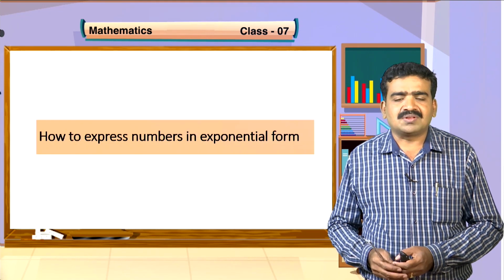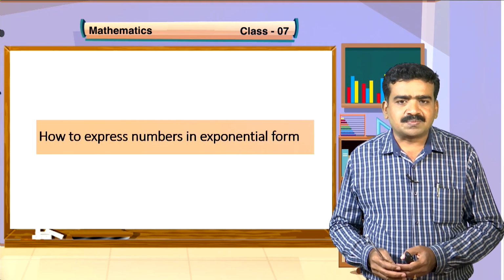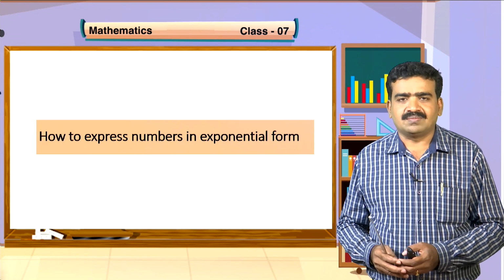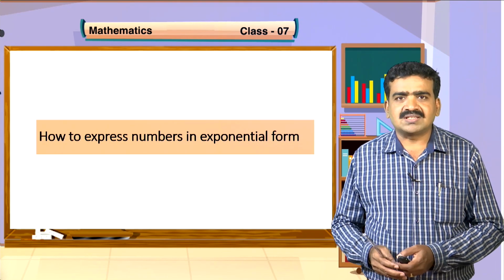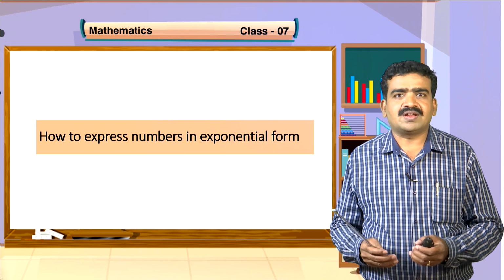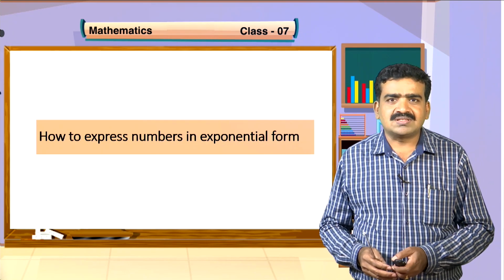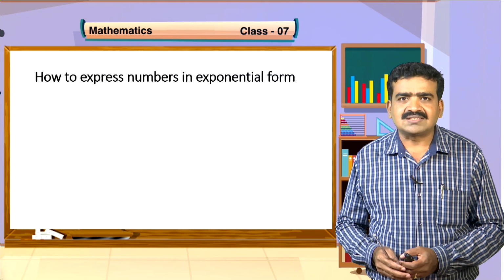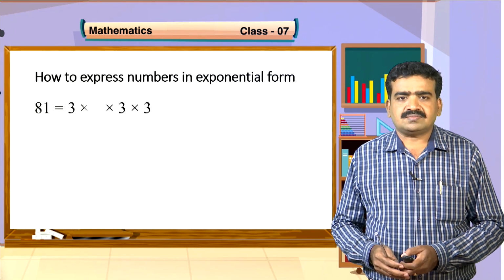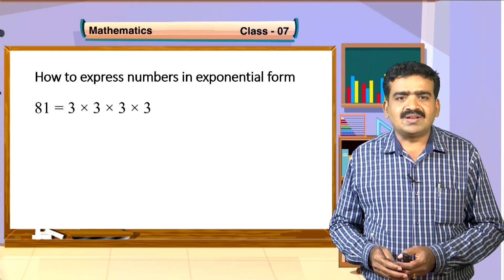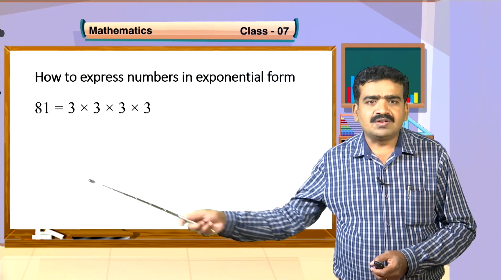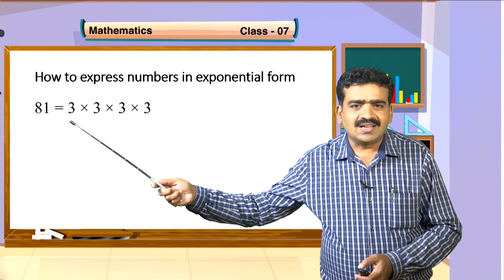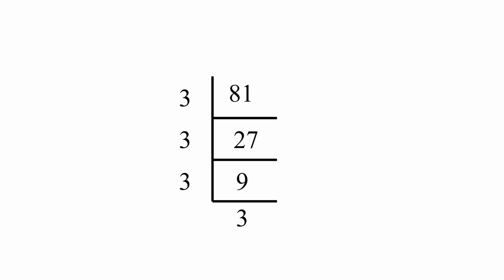Now, let us come to another topic: how to express a number in exponential form. If a number is given and you are asked to write it in exponential form, then what do we have to do? Let us learn through an example. Say for example 81. If you divide 81 by 3, we will get this. This is what we call the continuous division method.